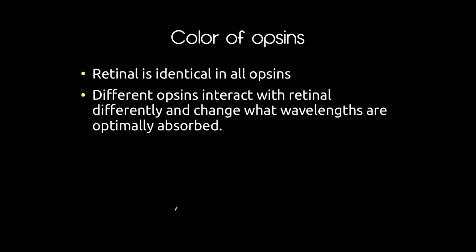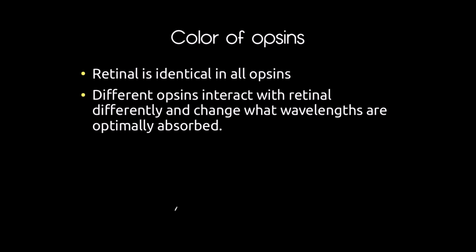So the color of the opsins, and when I say color of opsins, I'm not talking about the actual physical color of the opsin if you were to pull it out and look at it under the microscope. I'm talking about the wavelengths of light that opsins respond to. It actually turns out the retinol in all of these opsins is completely identical. There's no difference between the retinol in these opsins, so the actual molecule that's interacting with the photon is the same.